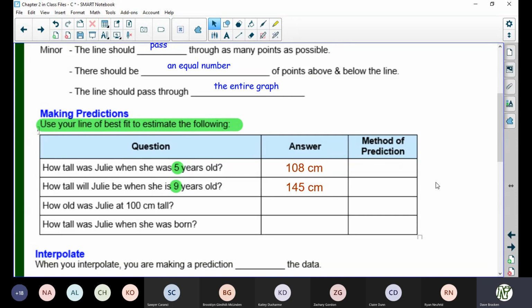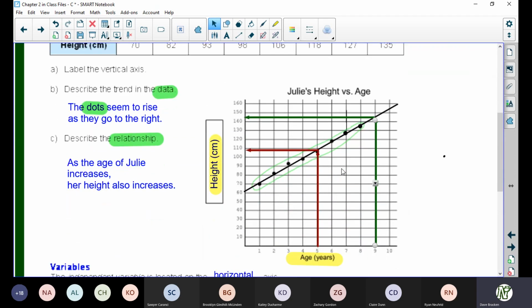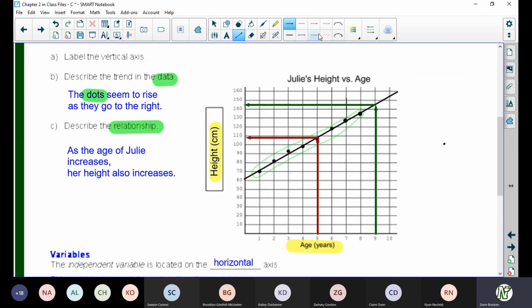Next one. How old was Julie when she was 100 centimeters tall? Notice the difference here. Instead of giving the age, and we have to find the height, they give us the height. We have to find the age. So 100 centimeters tall, I go back to my scatter plot. I say, okay, 100 centimeters tall is right, and I'll use blue this time, right here on this axis, not on the bottom, but on the dependent.